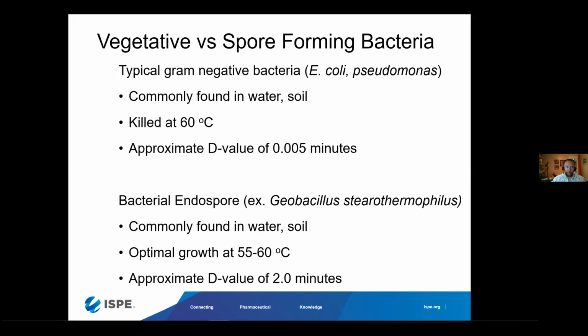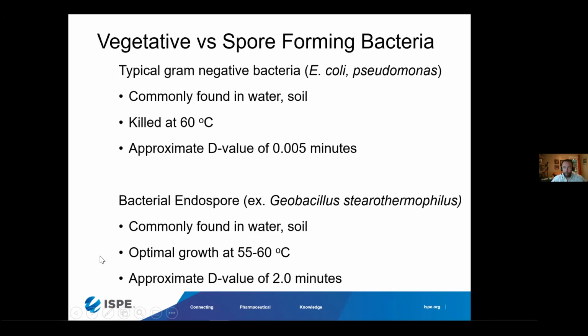And that's where we're talking about a term called D-value. D-value is really just a measure of an organism's resistance to different sterilization modes. So for purposes now, I just wanted to point out that the spore-forming organisms like Geobacillus stearothermophilus have an approximate D-value of 2, which is approximately 400 times more resistant to steam than the vegetative cells.